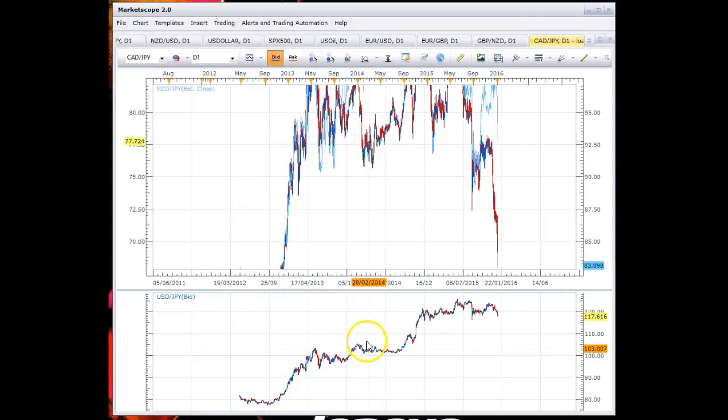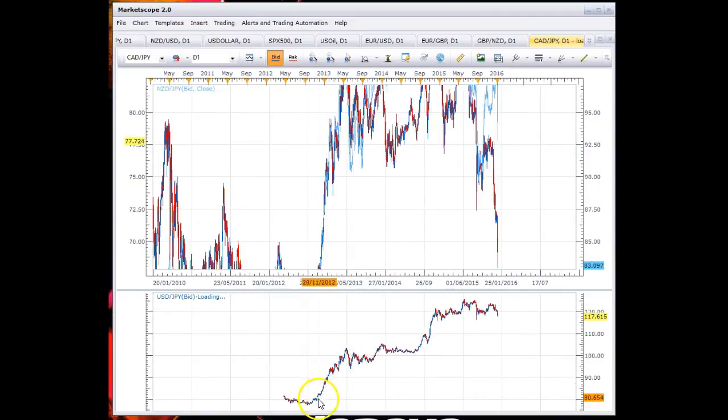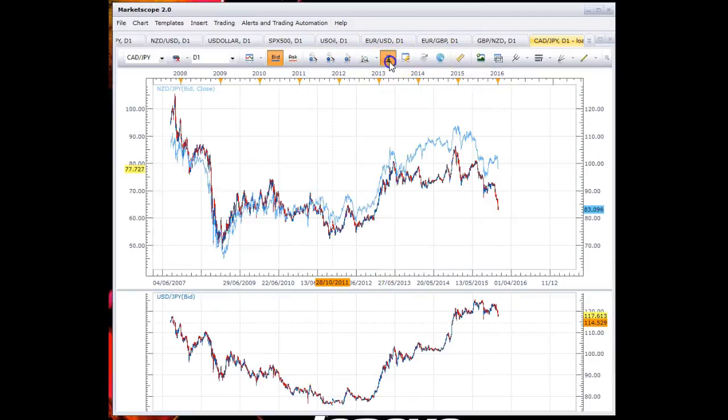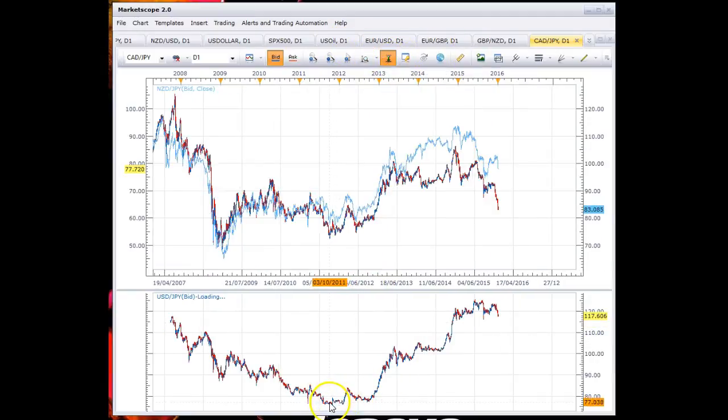You can see quite clearly on the daily chart that from the 2011 lows, since the QE program started, 2012, it went up quite considerably, and the next leg, 2014, of the QE program went up.